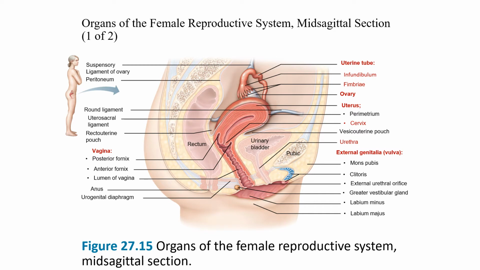But one other thing I want you to notice is the position of the uterus with respect to the rectum and the urinary bladder. And so you can see that as the uterus grows with the baby, the urinary bladder is going to get squished.